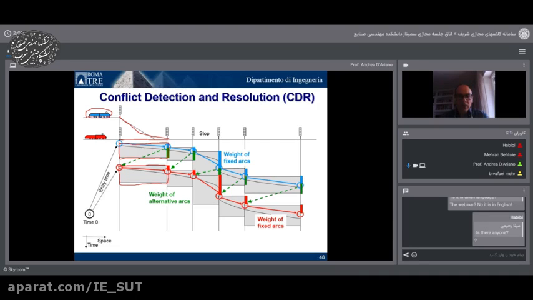Now, what do we need more to simulate? We need to know at what time the entrance of each train is expected, and we use these tags, and we use the fictitious start node 0. These are release tags. And we also need to know for each operation the start time of the operation.